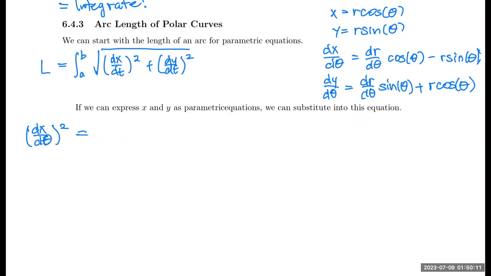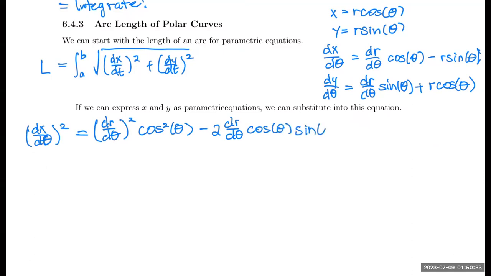This part is going to equal dr d theta squared cos squared theta minus 2 dr divided by d theta cos theta sine theta, and plus r squared sine squared theta.